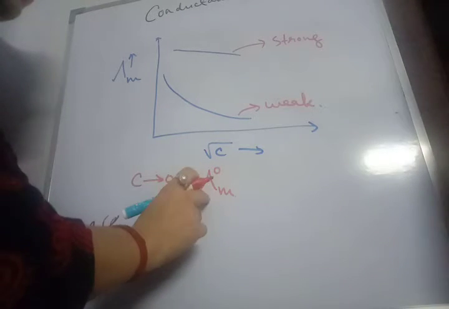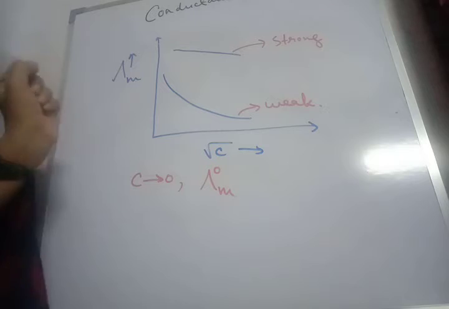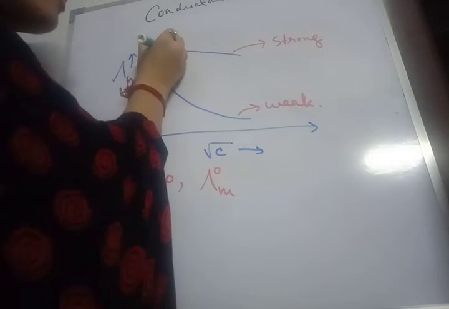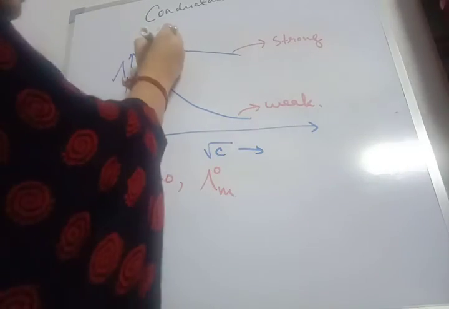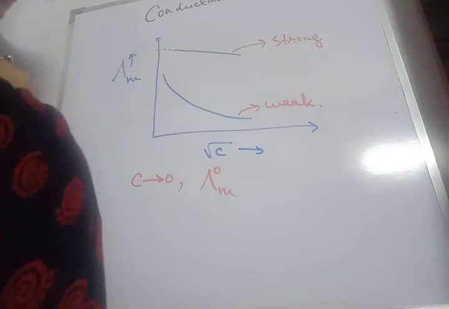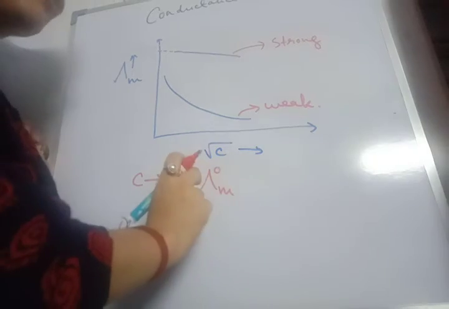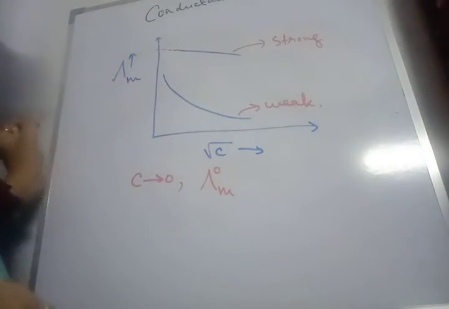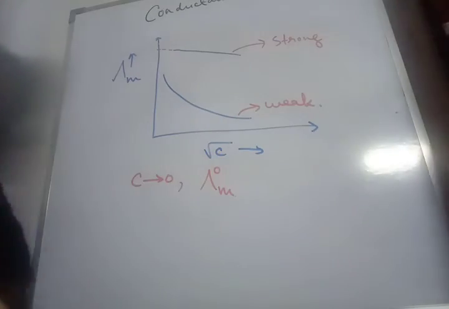Now in case of strong electrolyte, we can find this value by extrapolation of this line towards the y-axis. Then only can I find the value of lambda m0 from the graphical plot. But for weak electrolyte, we cannot do this. We cannot find the exact value of lambda m0 because this graph is not a linear plot.